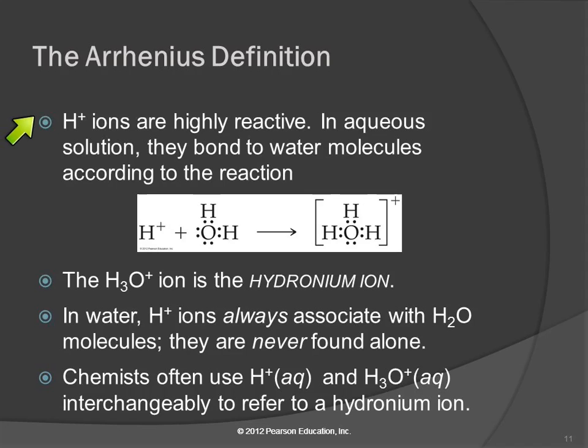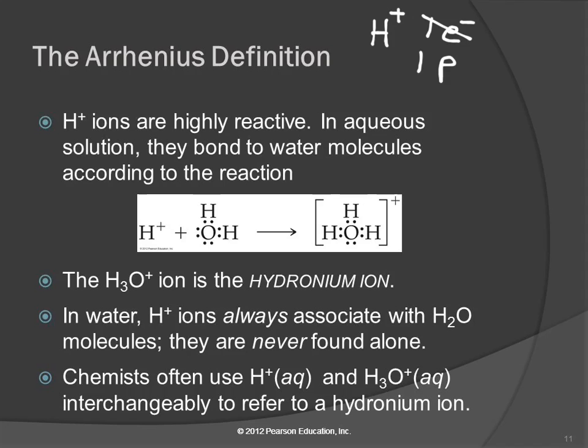Now, hydrogen ions are highly reactive. I think I talked about this last week, but let's talk about this again for a minute, in case I didn't. Hydrogen atom. How many electrons? How many protons? 1. So when it becomes a hydrogen ion, we lose an electron, right?